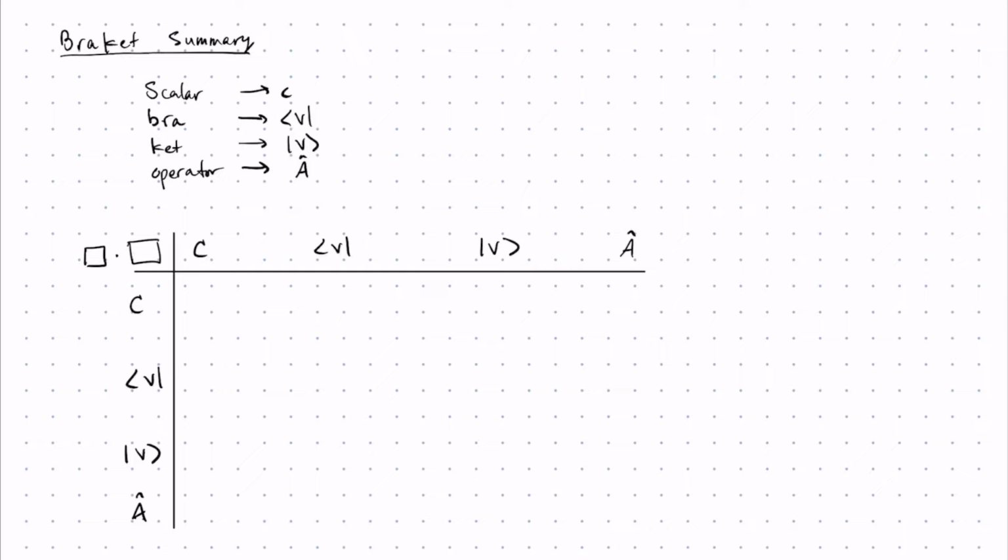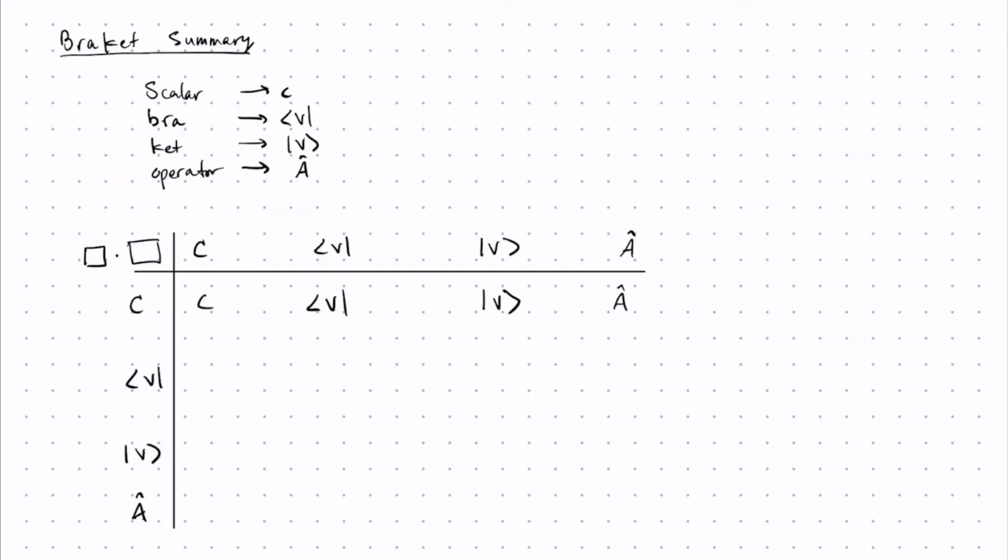Okay, let's start by going across the first row. If we multiply a scalar by a scalar, we should get another scalar. If we multiply a scalar by a bra, it remains a bra. If we multiply a scalar by a ket, it remains a ket. And if we multiply a scalar by an operator, it remains an operator.